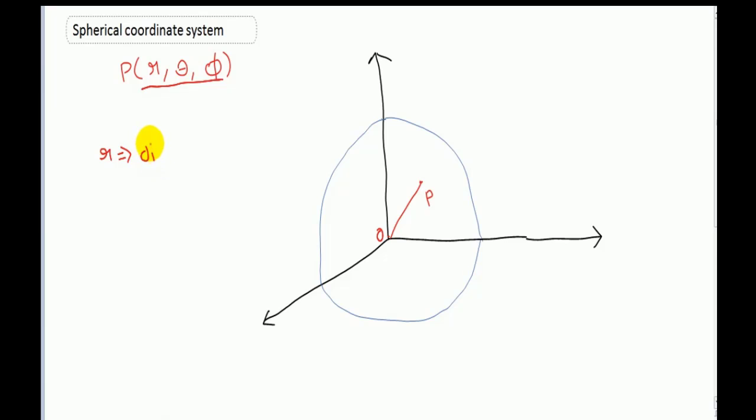So basically we can also say that r is the radius of the sphere, and distance from origin. Also radius of the sphere.